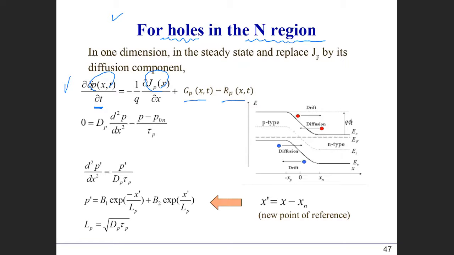Now, in this continuity equation, we're going to apply some simplifications for this particular example. First, we're only going to look at one dimension. A real semiconductor device is three-dimensional, so we have to solve the X, Y, and Z directions. These directions are all coupled together, which makes it much more difficult to solve in multiple dimensions.